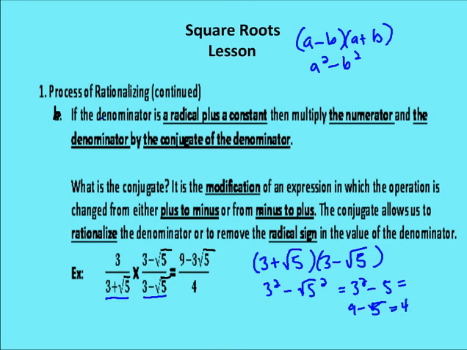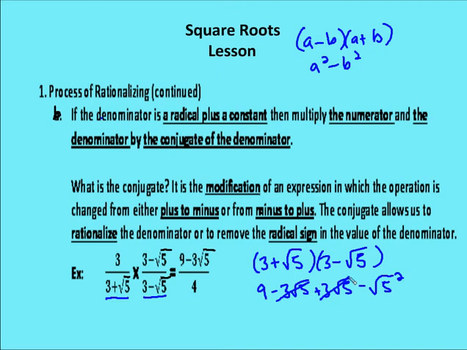All right, so if you don't believe me, then we can go through the whole foiling process, and we'll rewrite this using FOIL. So 3 times 3 is 9. So first, outside, 3 times negative root 5 is minus 3 root 5. Inside, plus root 5 times 3, so plus 3 root 5. And then last, root 5 times negative root 5 is minus root 5 squared.